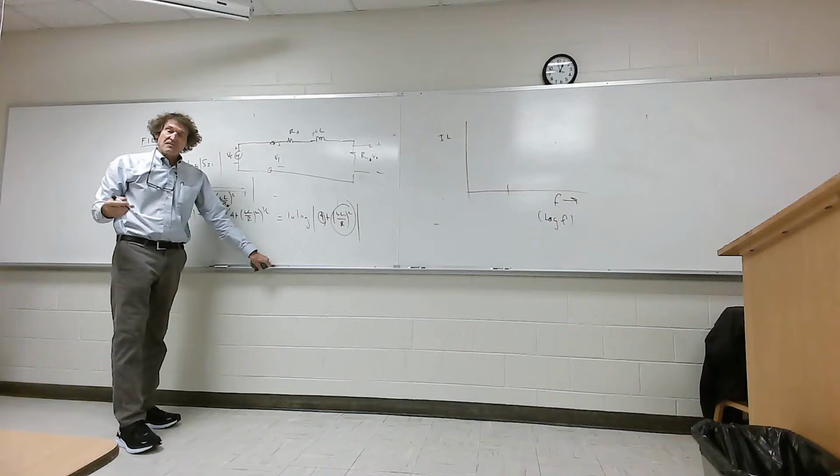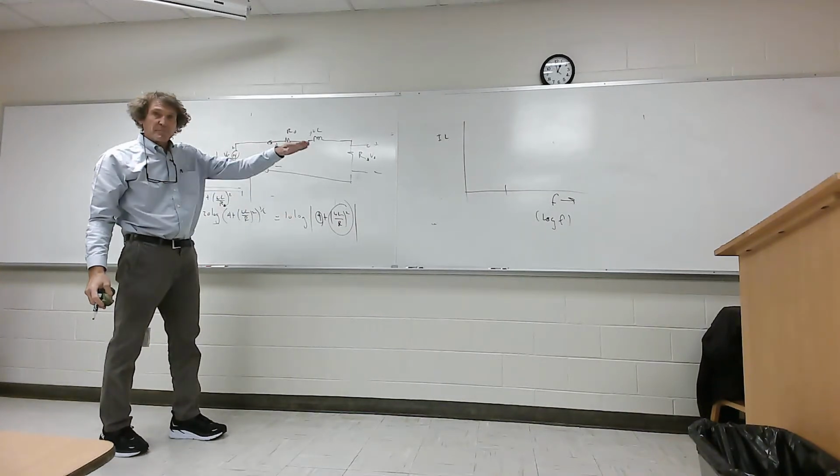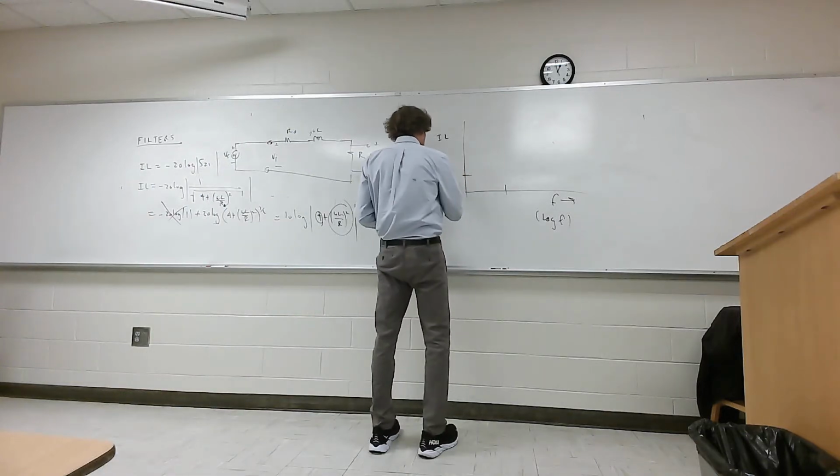Before this, if you let omega be 0, it's 10 log of 4, which would be the base level. So you'd be down here, 10 times the log of 4.